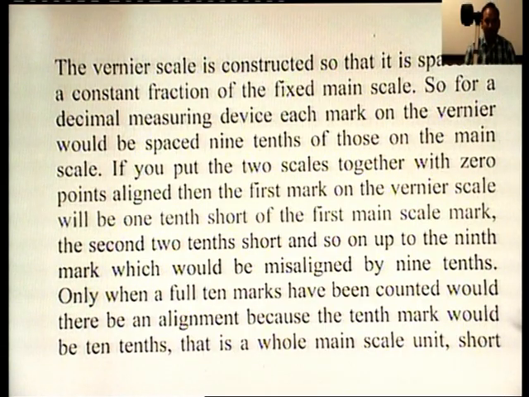If you put the two scales together with 0 points aligned, then the first mark on the vernier scale will be 1/10 short of the first main scale mark, the second 2/10 short, and so on up to the ninth mark, which would be misaligned by 9/10.